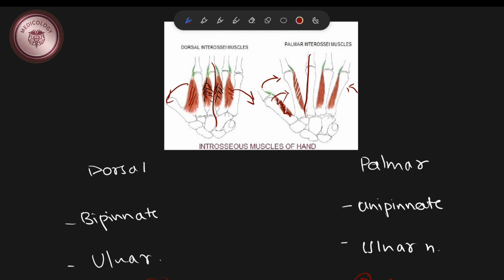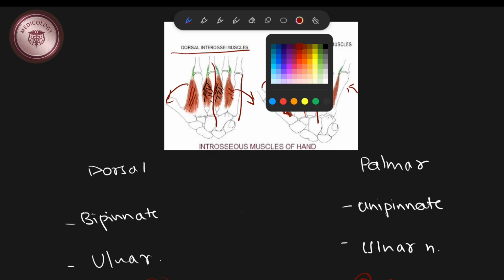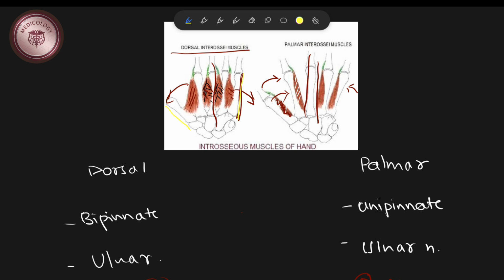There is another thing to notice: there is no attachment of the muscle in the middle finger. Let's write that also.